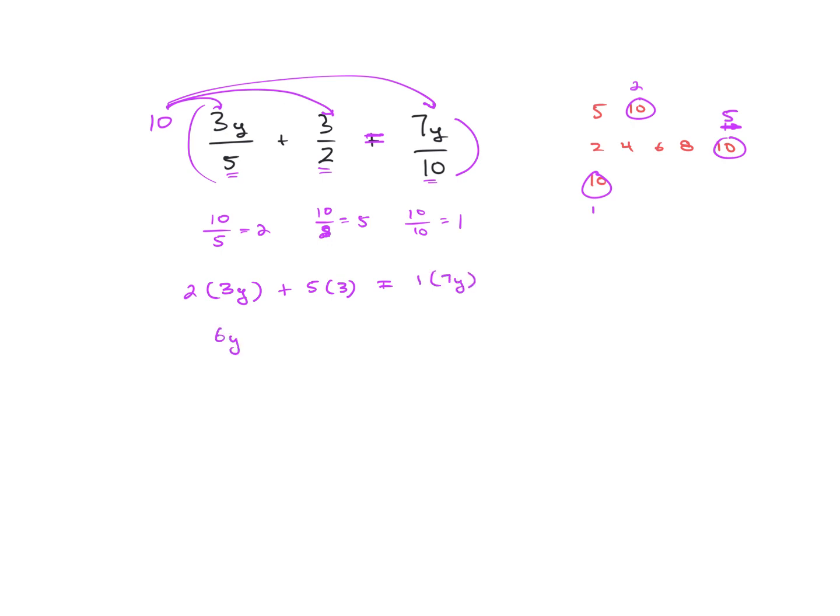In doing that, we've maybe converted this equation into something a little bit more manageable. We're not finding all these common denominators, just taking a simple number, distributing that, and getting a nice setup. So we could just easily subtract 6y from both sides and get 15 is equal to y.